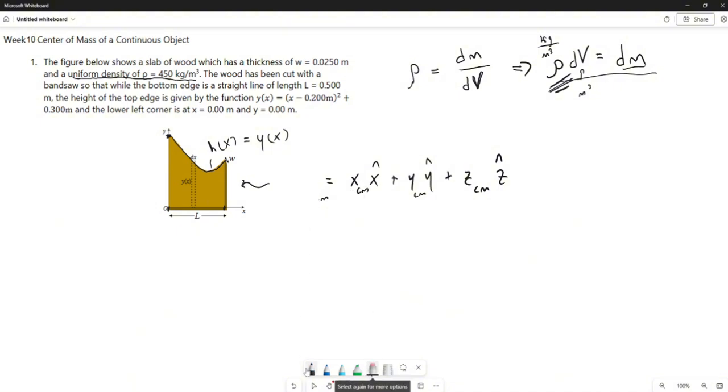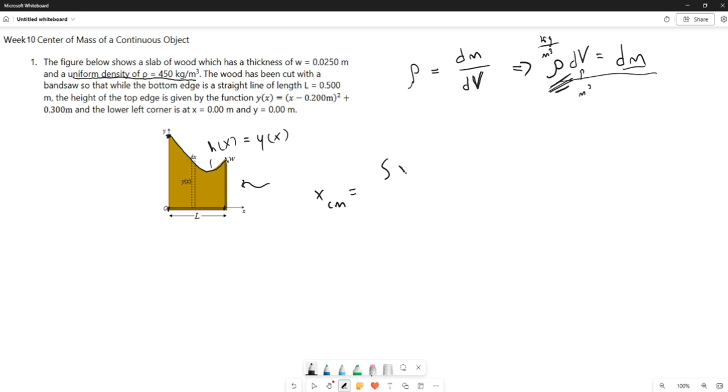Let's just call it r. Remember, center of mass is a point, and 3D points are represented by a 3D position vector, which has quantities associated with it. This object's not moving, so its x center of mass, which we want to solve for, isn't changing with time.